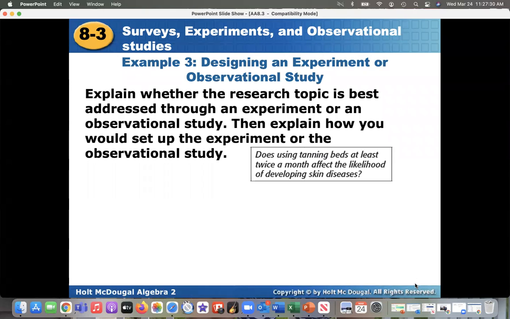All right. Today we're going to talk about designing an experiment or an observational study. We're going to look at a research topic and try to figure out, would it be best served using an experiment or an observational study? And then how would you set up that experiment or observational study? This says explain whether the research topic is best addressed through an experiment. Remember, in an experiment we're going to apply a treatment.